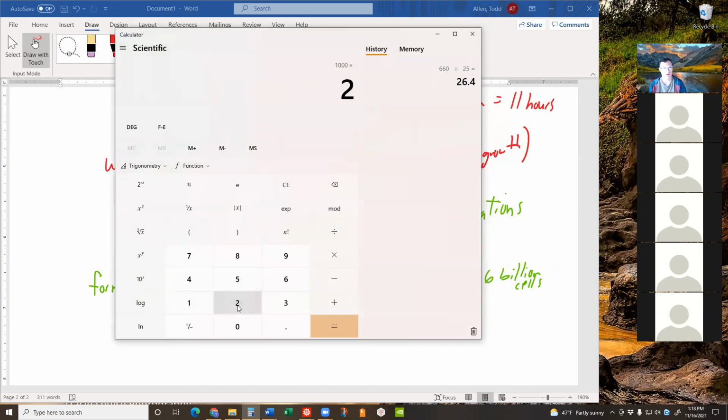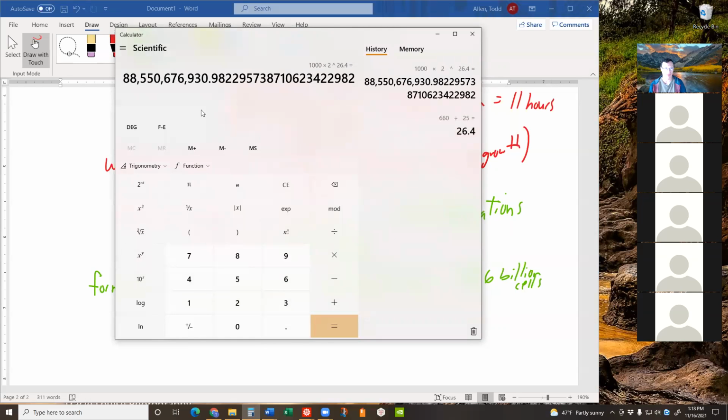And then I'm going to hit the power key, which in my calculator is x to the y. X to the y. And hit 26.4 there. And that should give me that big long number, which in this case, my calculator is spitting the whole thing out, right? 88.5 billion, okay?